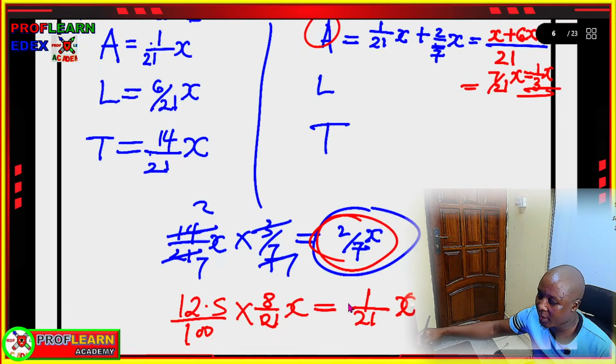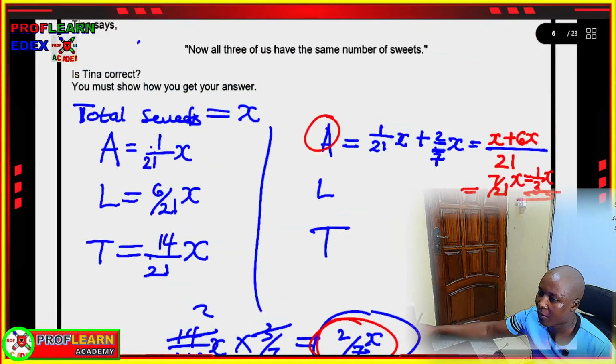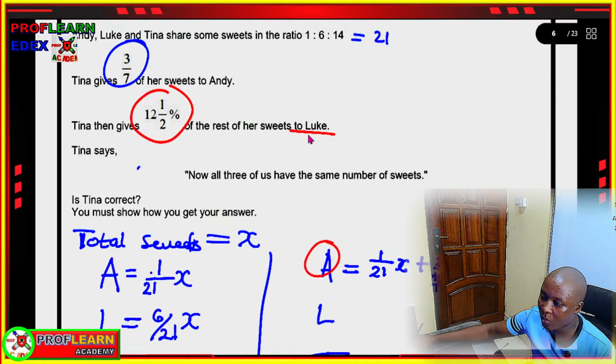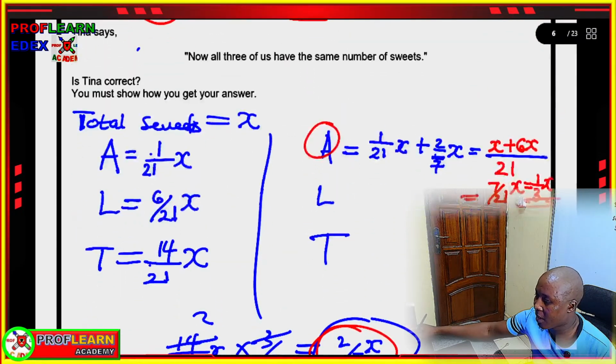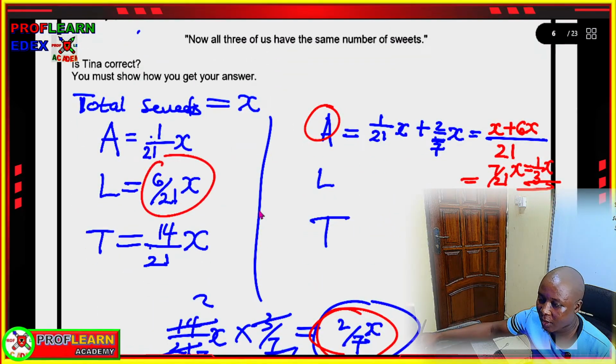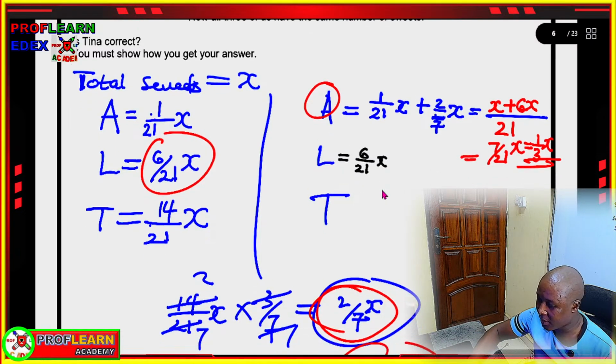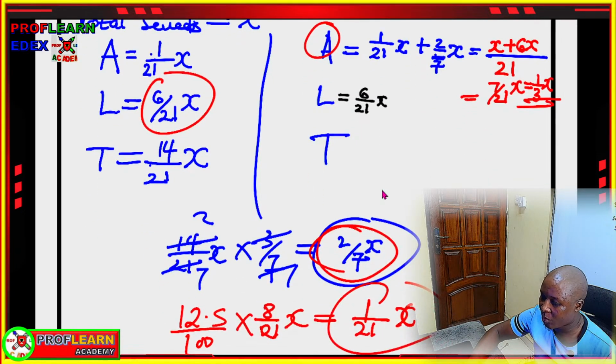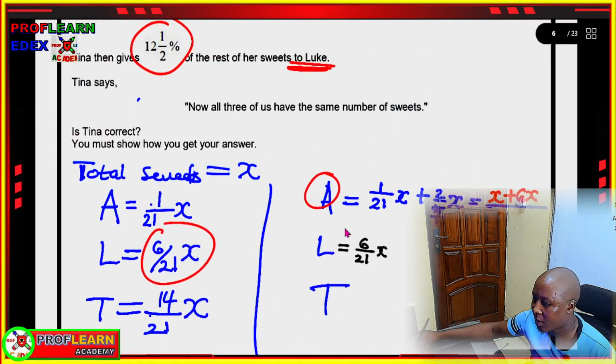So this is what is given to Luke. And remember, Luke was having 6 over 21 of x. So the new number of sweets Luke is going to have is 6 over 21 of x, plus 1 over 21 x from Tina.